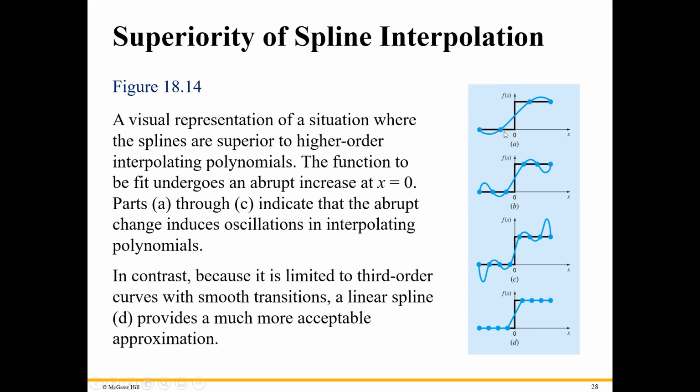In this example, we see that the black line is a function. The black line has a constant value over here, and then there is an abrupt change, and then a constant value over here.